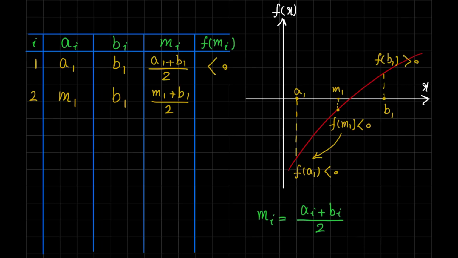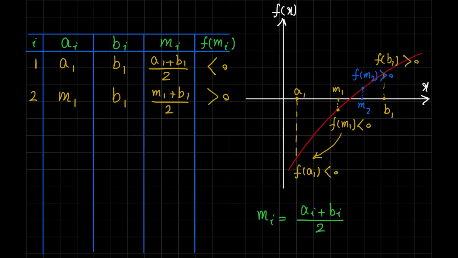Over the graph, let's look at the new midpoint between m1 and b1, which is around here. We call it m2. f(m2) is positive. It has a positive sign in the table.